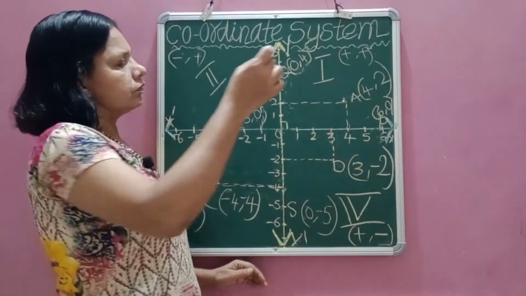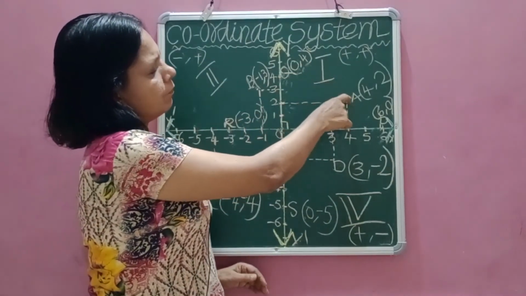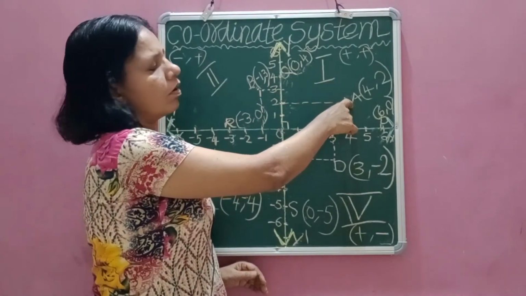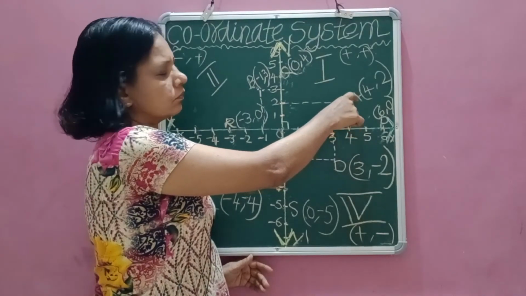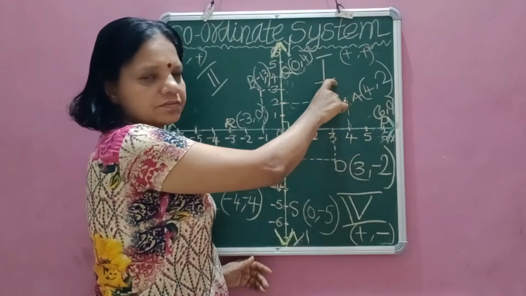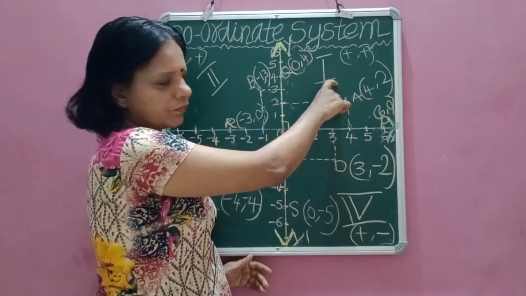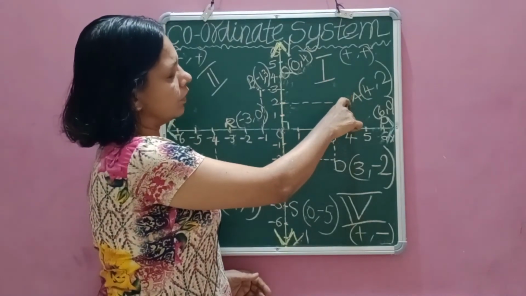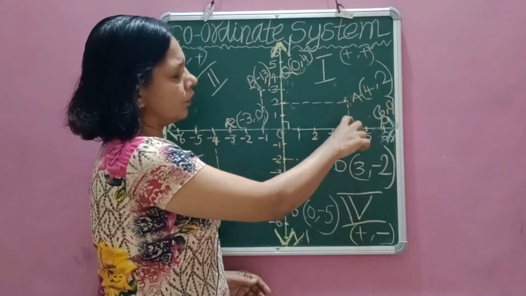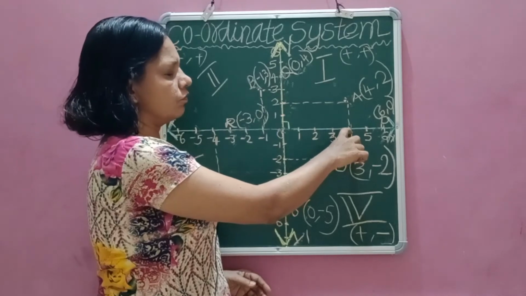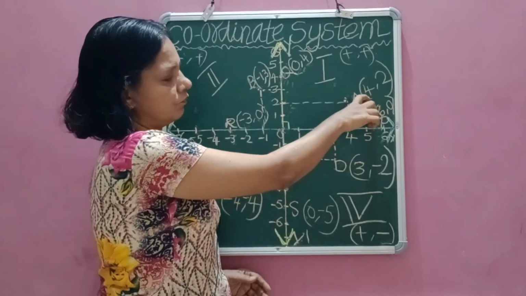Now, A is a point in the first quadrant. See how you will get the coordinates. From A, draw a perpendicular to x-axis, you will get the x-coordinate, that is 4.